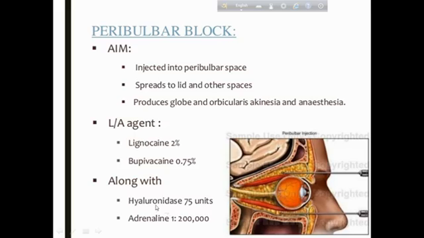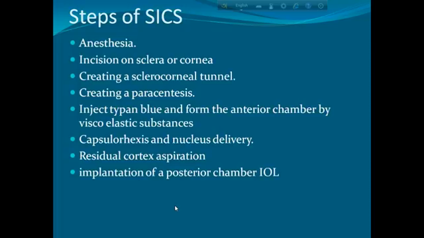Why do we use hyaluronidase? Because it helps to spread the local anesthetic agent. You give it at one point, but this agent helps it reach the whole compartment of the peribulbar block. So hyaluronidase is very important.